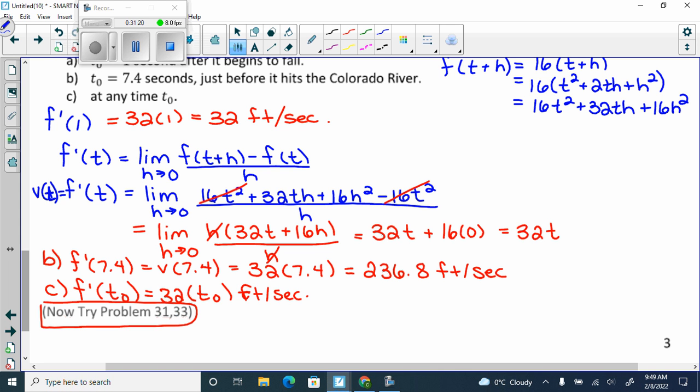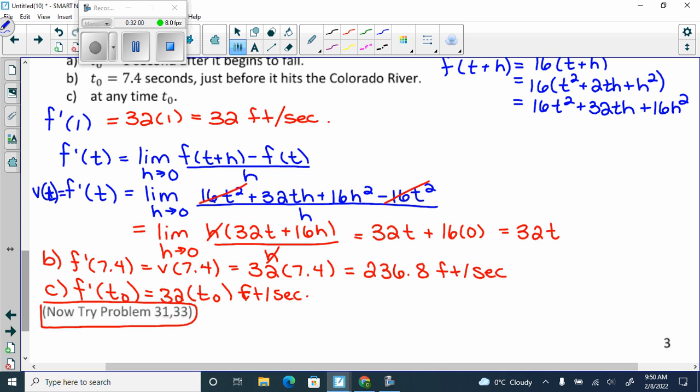Your homework would be problem 19, AP practice problem 3, problem 43, AP practice problem 7, and then 31 and 33.